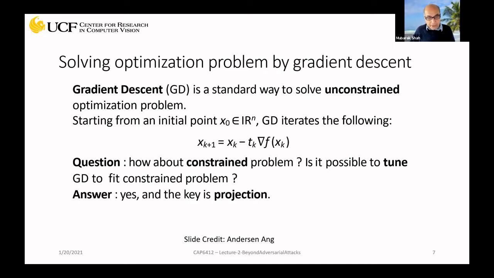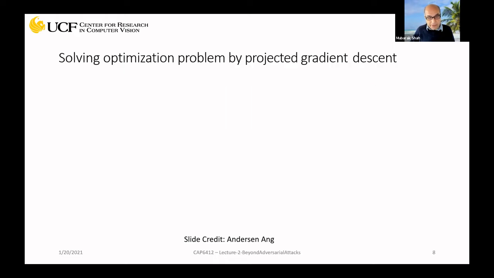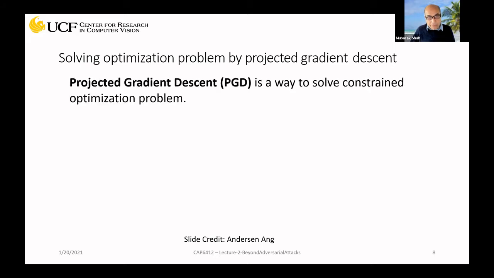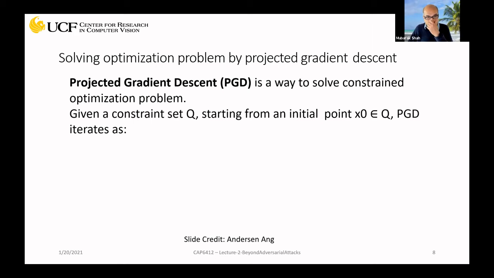The answer is yes, there is a method, which is basically PGD, which will do that for you. As we discussed before, we are given a constraint set, say Q. We start with x0, and we iterate as we did in gradient descent.